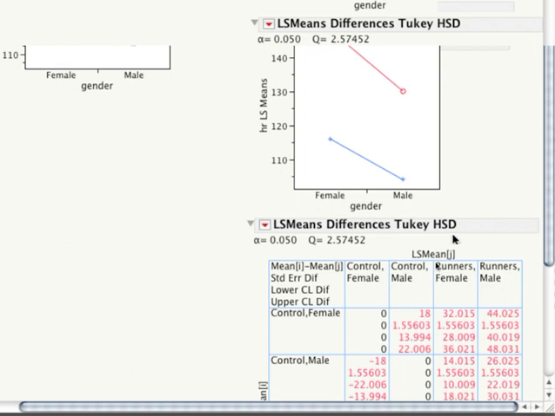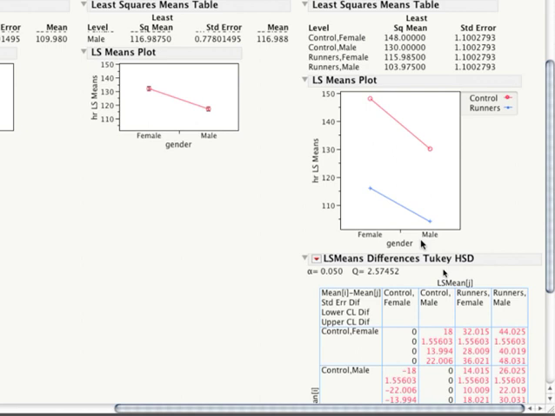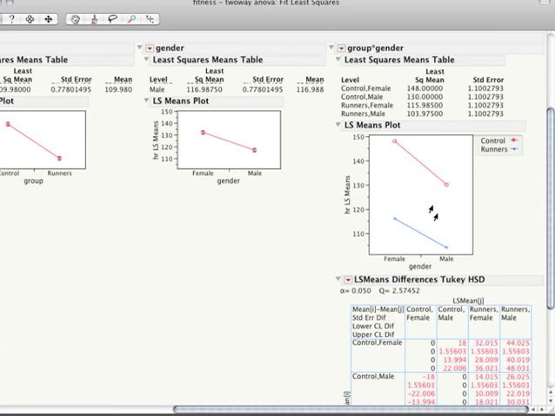So of course we didn't randomize people to gender, we had to observe that in nature, and things differ that we're unaware of when we don't randomize people to conditions. So for pseudo-independent variables like gender, we always have this issue that people just may differ already when they come into our groups. But in any case, we certainly can say that there is some difference here. Accounting for what it is gets to be a little more complicated. But there is some difference between how being a runner affects males and females.